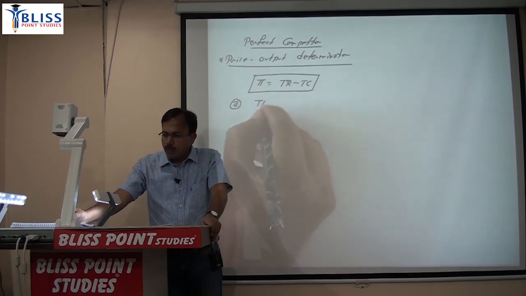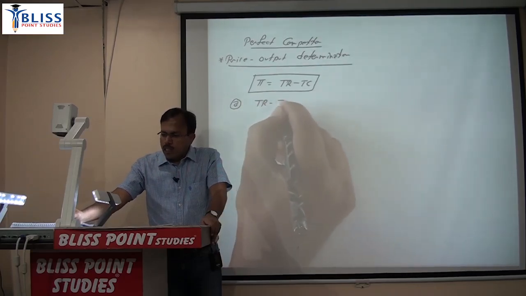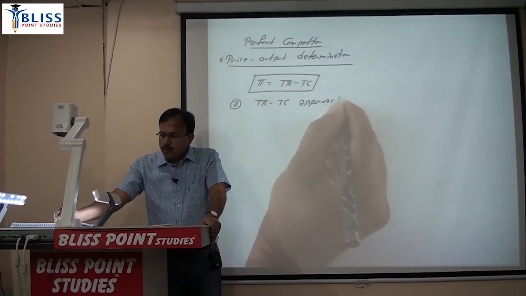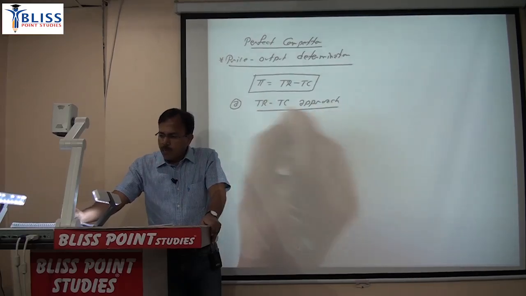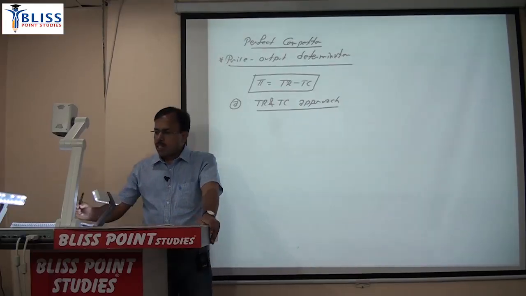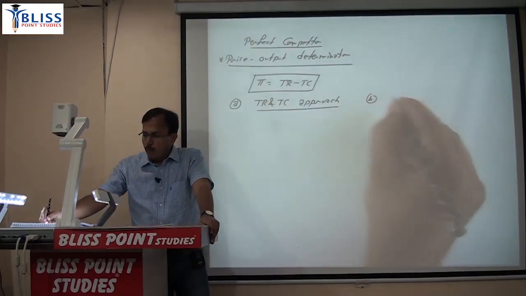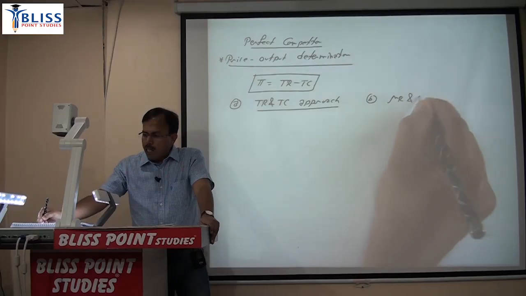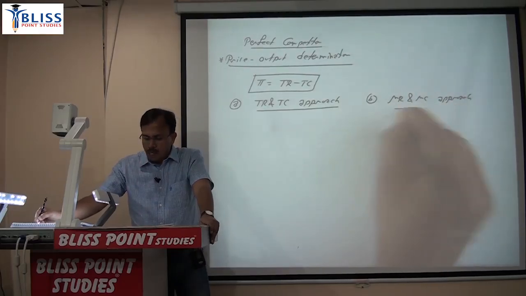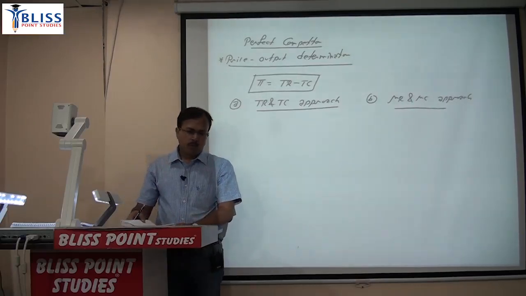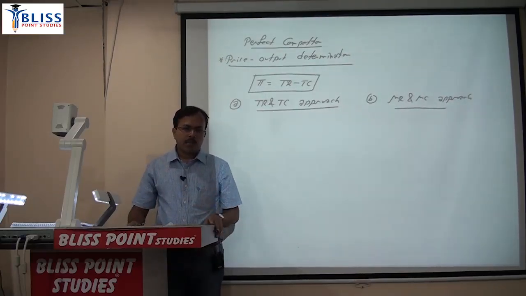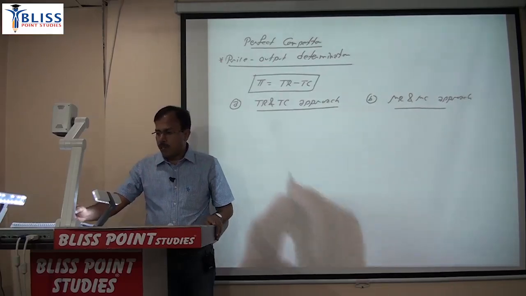First, TR and TC approach. And second, MR-MC approach. So there are two different approaches to explain equilibrium. One is TR-TC and the other is MR-MC.